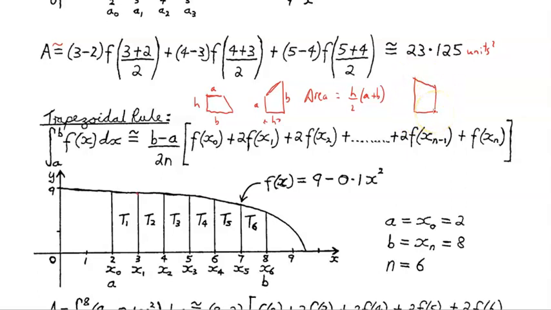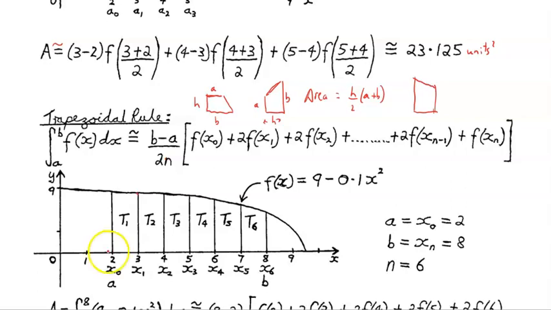Okay, and what we're doing is we're taking the same interval length here. In this particular case, it's 1. It doesn't have to be 1 unit long. What we're doing here is B minus A to get that length there, divided by N, 2N actually. You'll see why it's 2N.